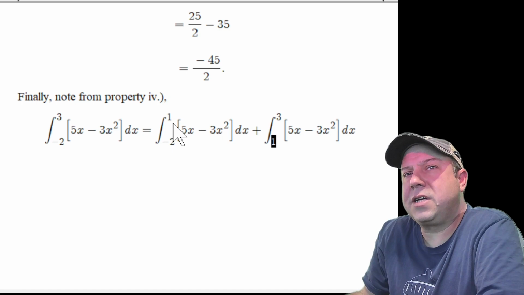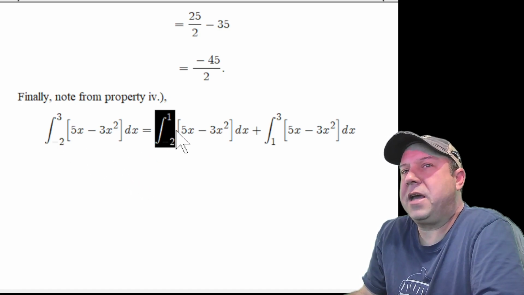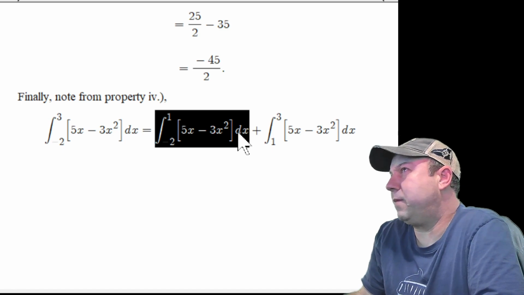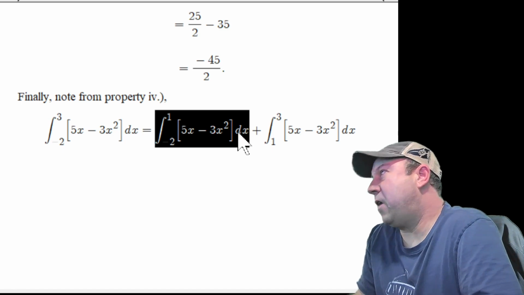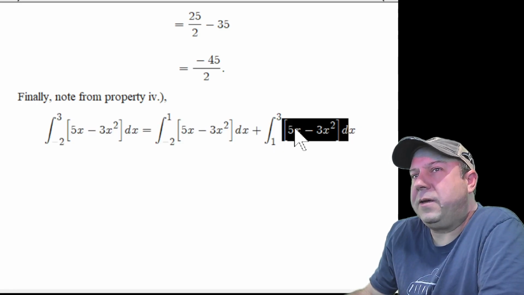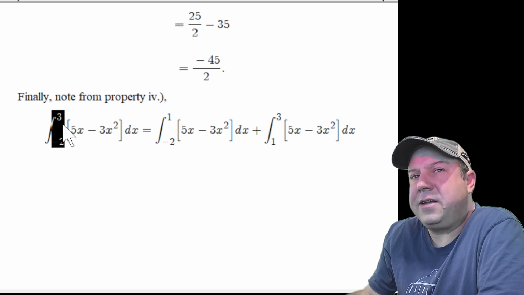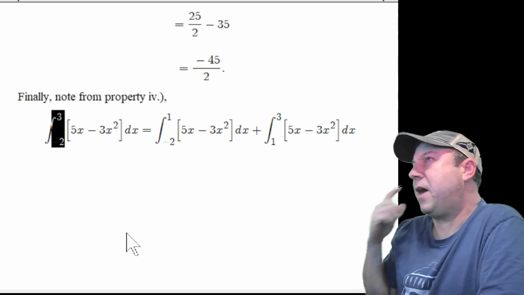And here we chose a common value of p equal to 1. So we integrated this function 5x minus 3x squared from -2 to 1, and we evaluated it from 1 to 3, from -2 to 1 and from 1 to 3, covering that entire interval from -2 to 3.